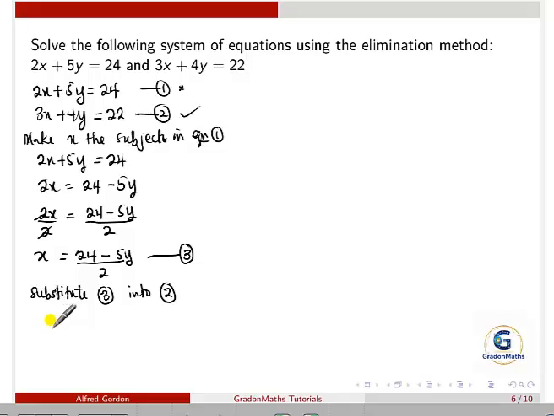So equation 2 is 3x plus 4y is equal to 22. So where we are seeing x, 3 into 24 minus 5y all on 2, in place of the x, plus 4y is equal to 22.